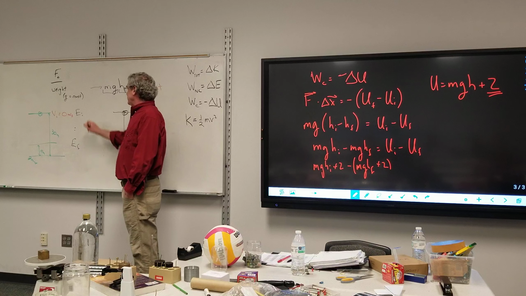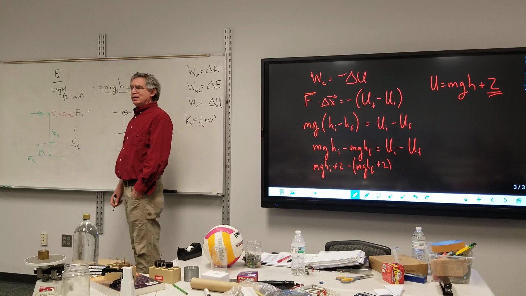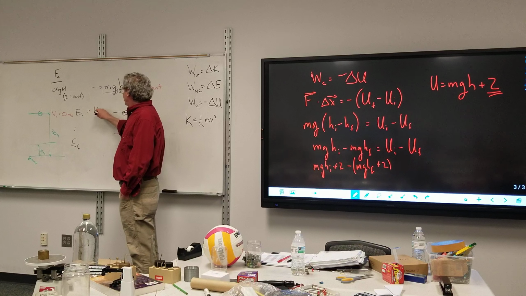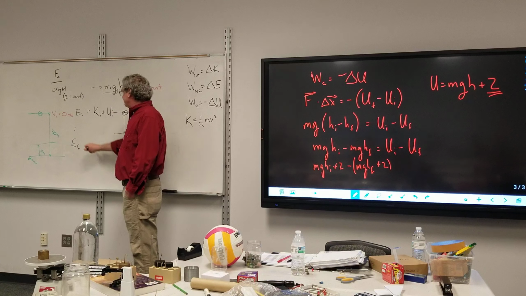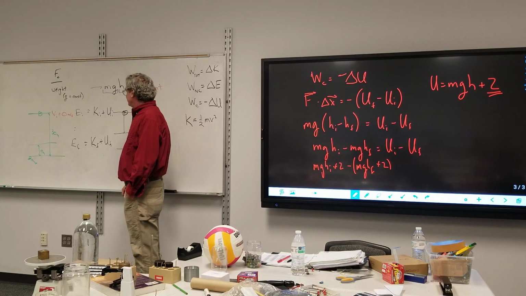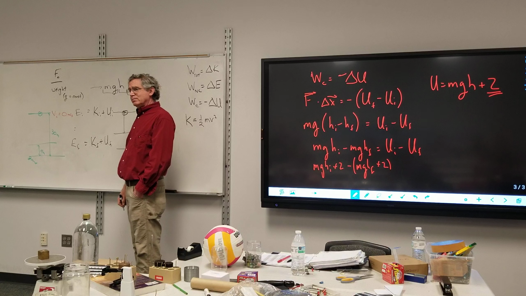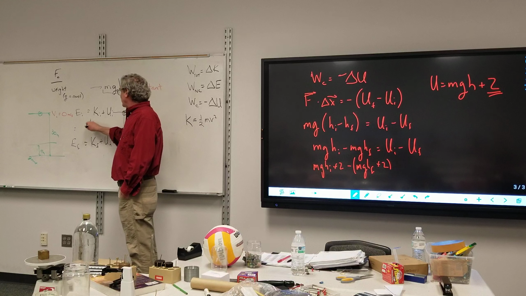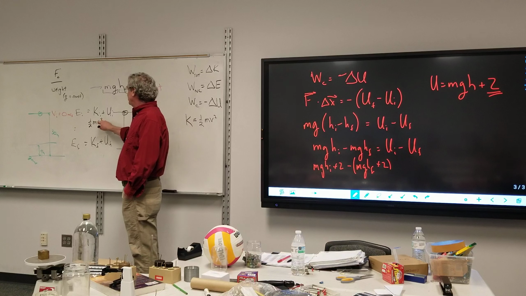What are the 2 types of energy? Kinetic and potential. There we go. Same is true over here: K final plus U final. Formula for kinetic energy? Half mv squared. That's 1/2 m v initial squared.